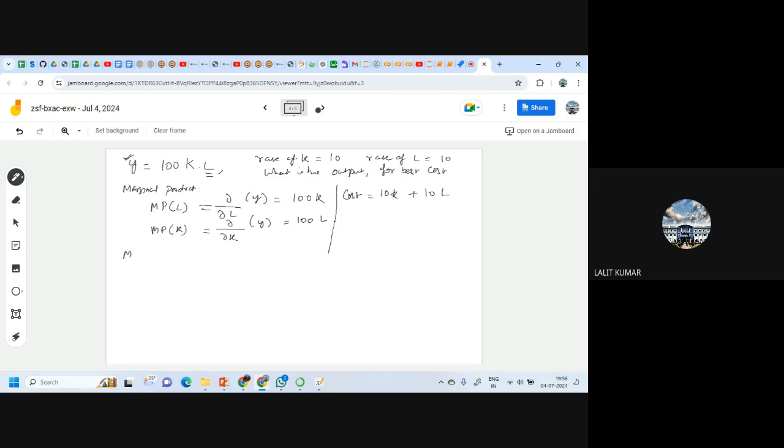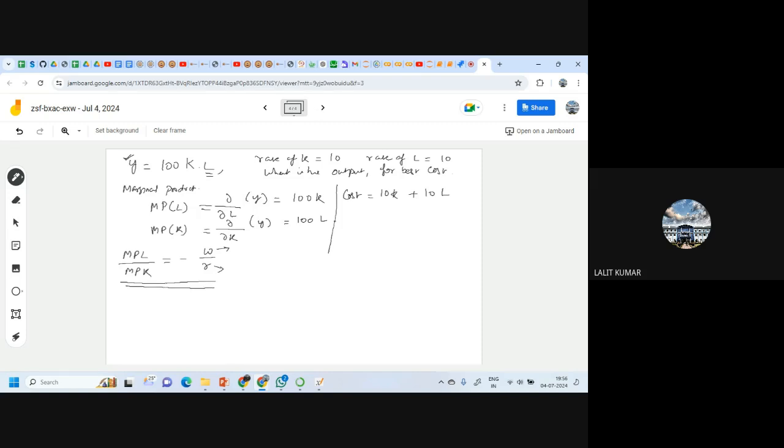Here one important formula you have to remember, that MPL by MPK is equal to minus W over R, where W is the wages of labor and R is the rate at which I take the capital. This is an important thing from the quiz point of view.